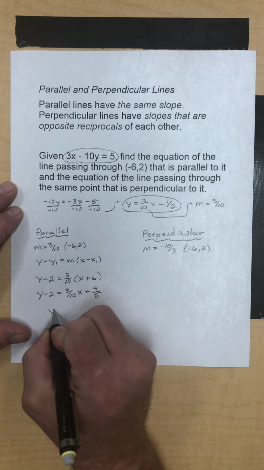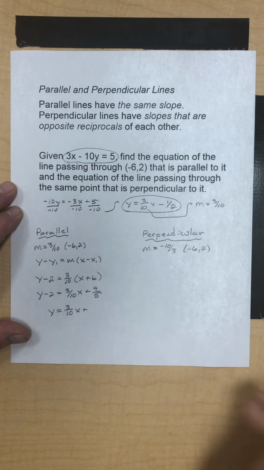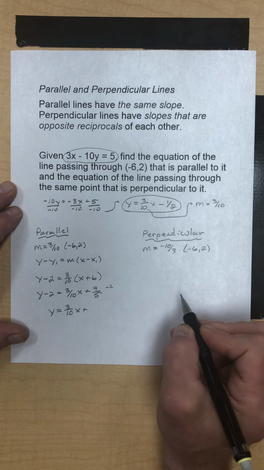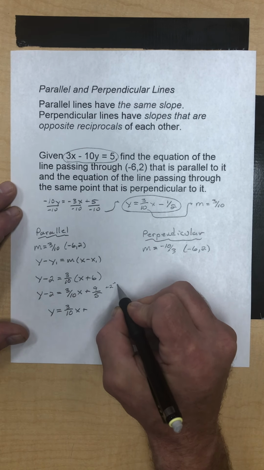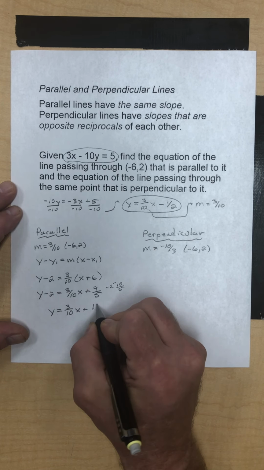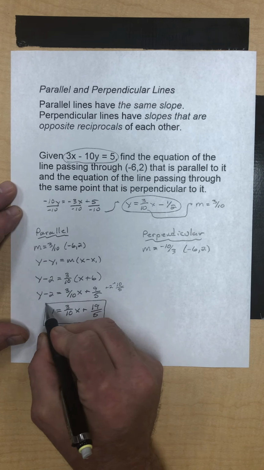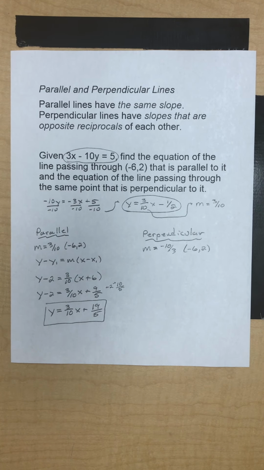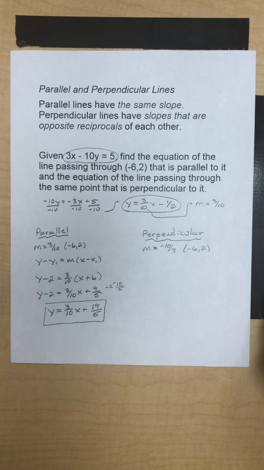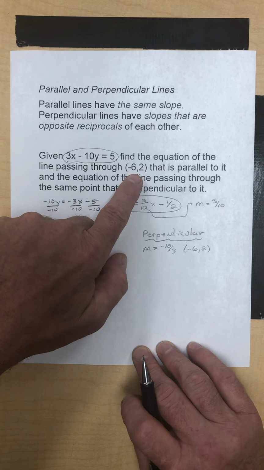I add 2 to both sides, so y equals 3/10 x plus 9/5 plus 2, which is the same as 10/5, so 9/5 plus 10/5 is 19/5. That's in slope-intercept form, and I'm just going to leave it that way. So we're good so far. That's the line that's parallel to the given line and goes through that point.